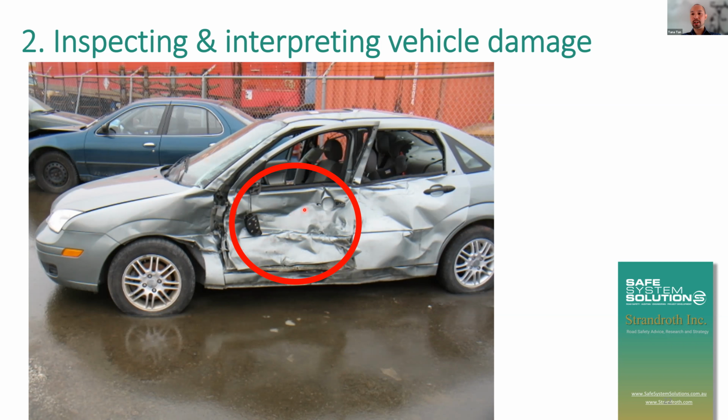When two vehicles collide and engage with each other, that damage is called crush. What has happened here as a result of crush is that you can see some of this metal component, where the door hinges, has been pulled in by the impact on this door. This has then pulled this sheet metal inwards towards the cabin.